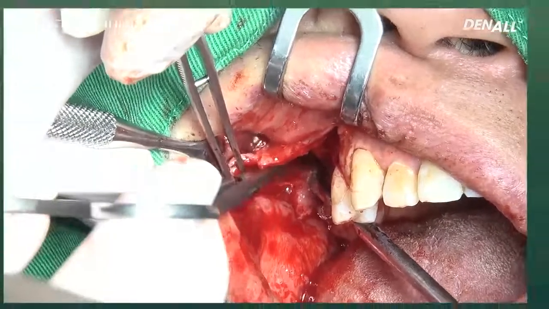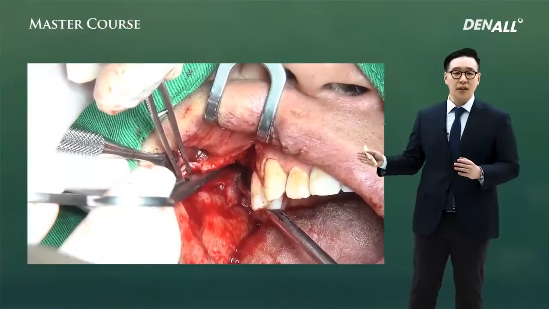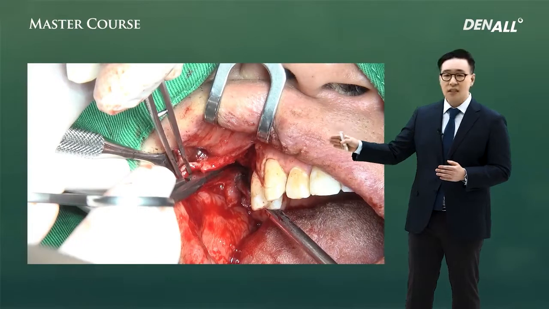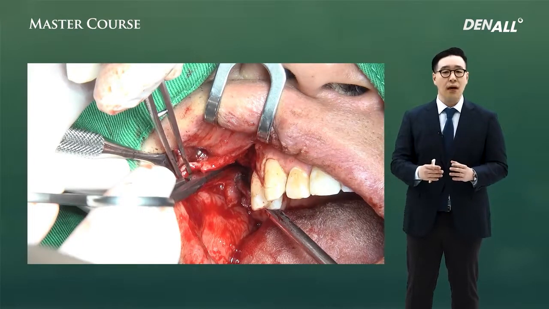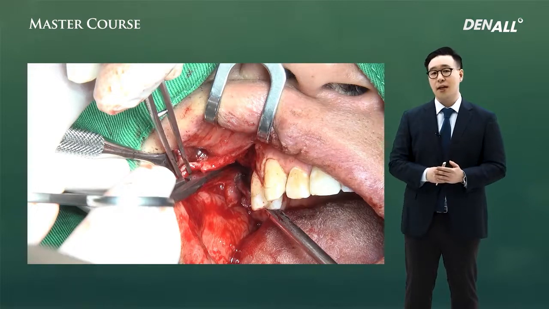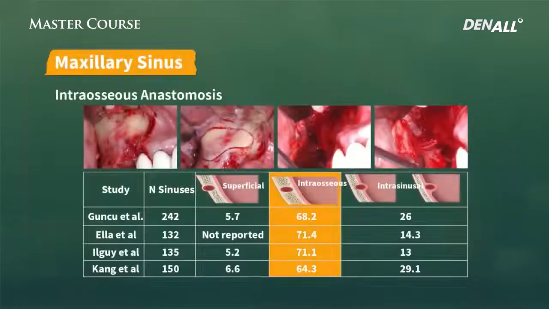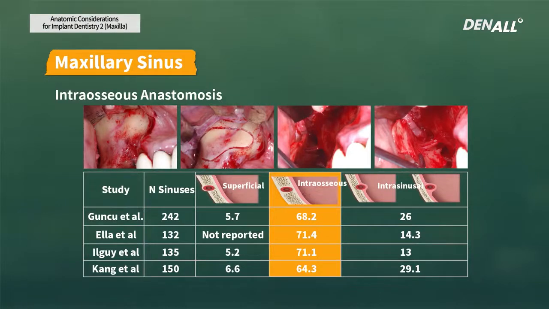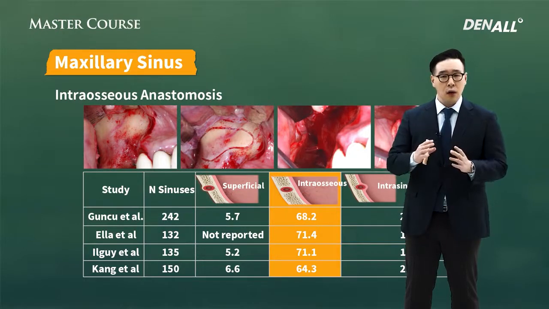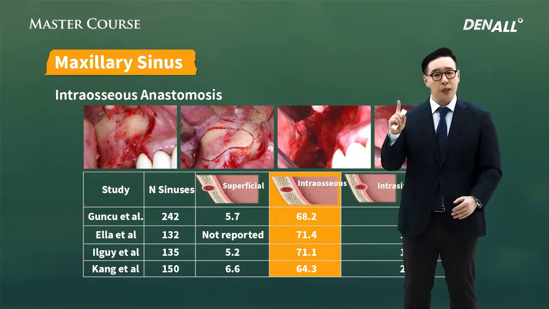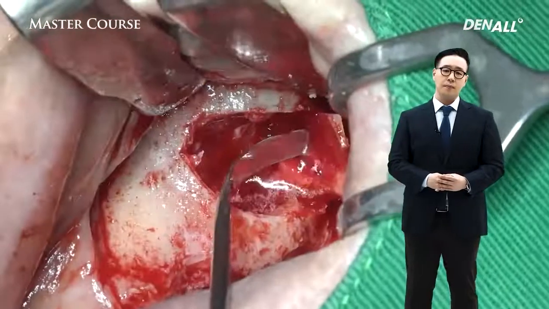Here, the bone and sinus grafting need to be done together. So if the flap needs to be opened wide, the vertical incision or release incision could rarely result in blood vessel rupture. So you need to be careful. For the intraosseous anastomosis, as the vessel is hidden in the bone wall, you need to have full knowledge of the blood flow beforehand and use it for diagnosis on CT.